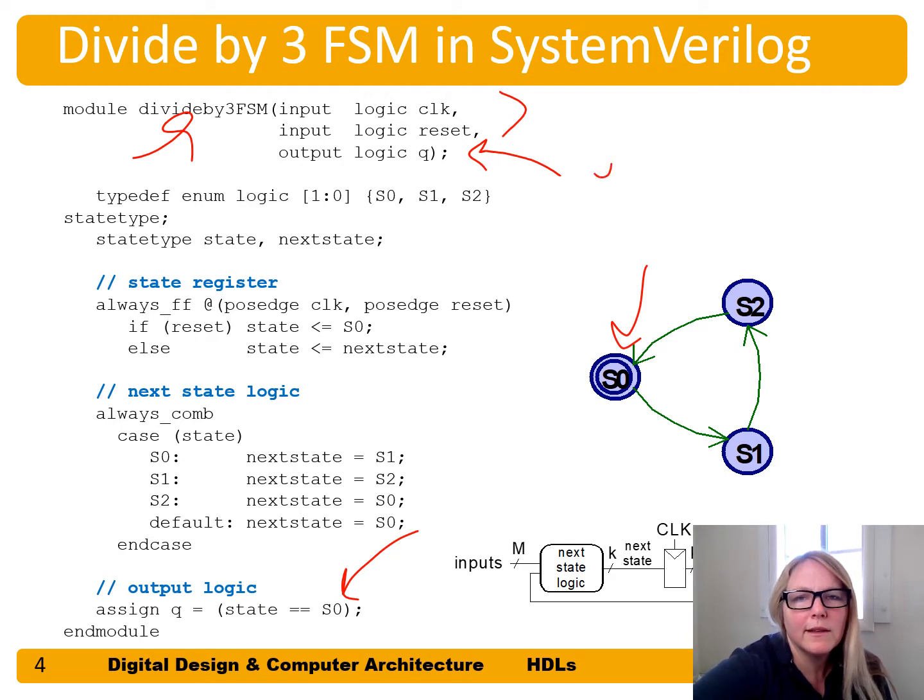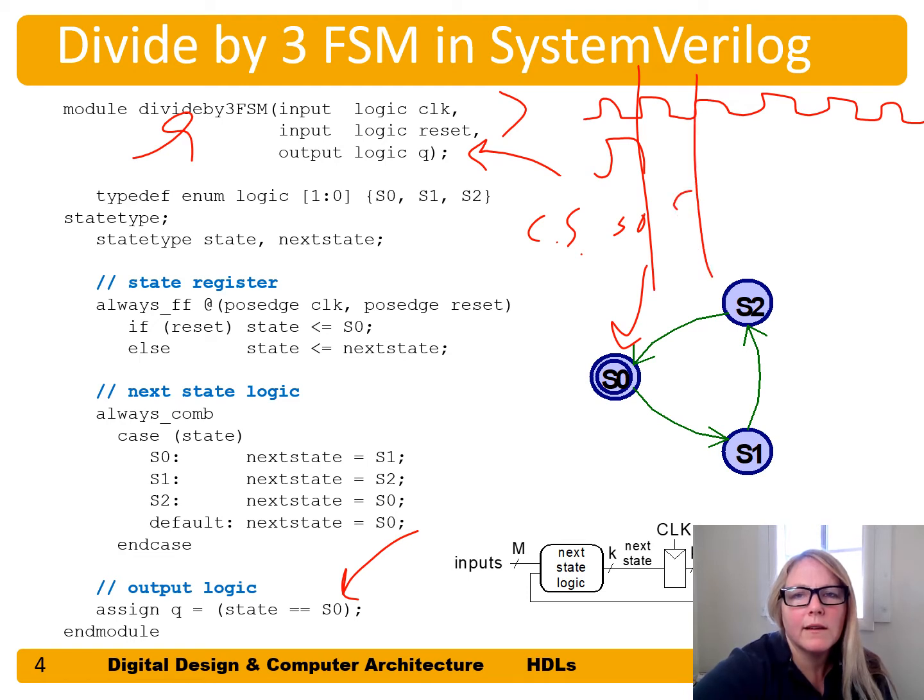So in S0 it asserts, in S1 and S2 it doesn't assert, and back in S0 it asserts again, and so forth.